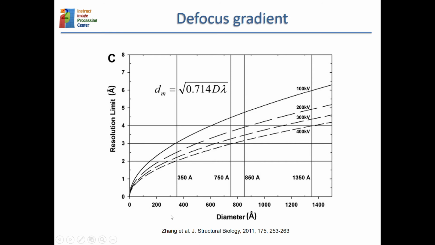Then this was also analyzed by this theoretical paper, and this is the resolution: if you want to reach, for instance, 2 angstroms resolution in a 300 kilovolt microscope, then the maximum diameter that is not limited by this defocus gradient is something around 250 or 300 angstroms.